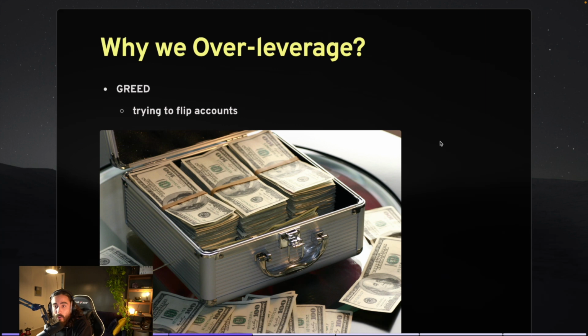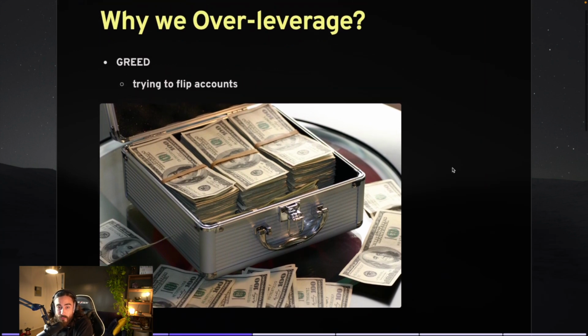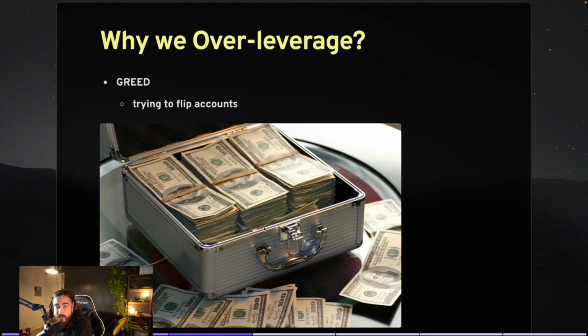Okay. Now, why do we over leverage? Well, there's really two reasons. It's greed and fear. Obviously, as traders, we're trying to make money, and we have these huge aspirations and dreams. We want to live the good life, right? But that causes us to feel greed, and trying to flip accounts from like $100 to $1 million is just unrealistic. Is it possible?